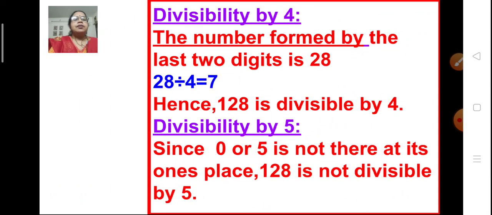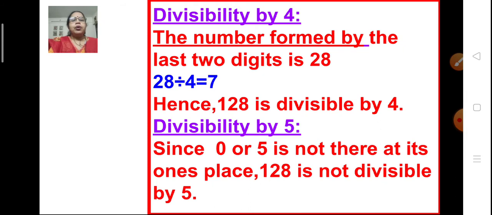Now let's check the divisibility by 4. So what is the rule? If the number formed by last two digits of a number, that means the digits in ones place and tens place, if the number formed by these digits is divisible by 4, then the number is also divisible by 4.